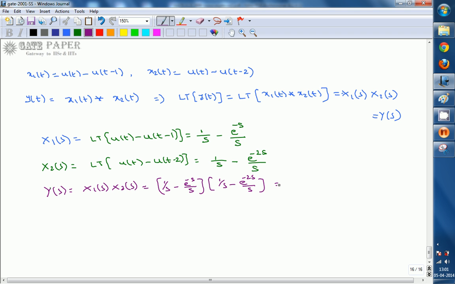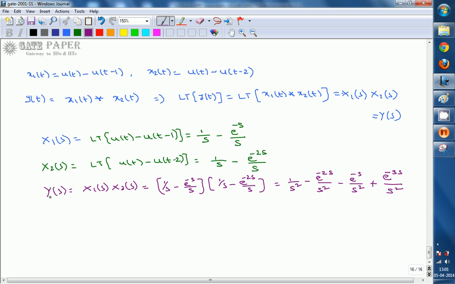By multiplying these two we get e power minus 3s by s square.